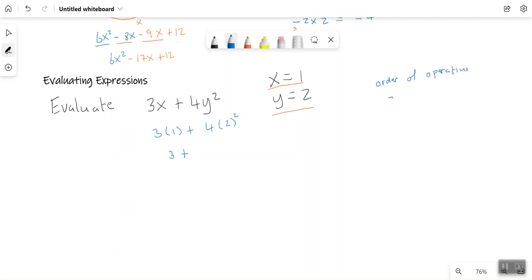you can think about BIMDAS. So BIMDAS, we have brackets, then indices, which just means powers or roots.